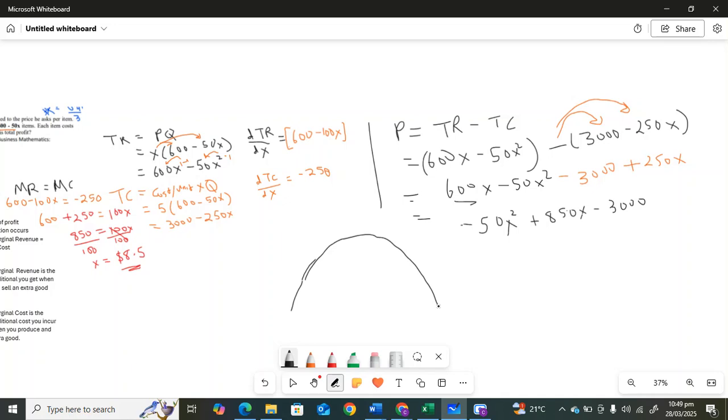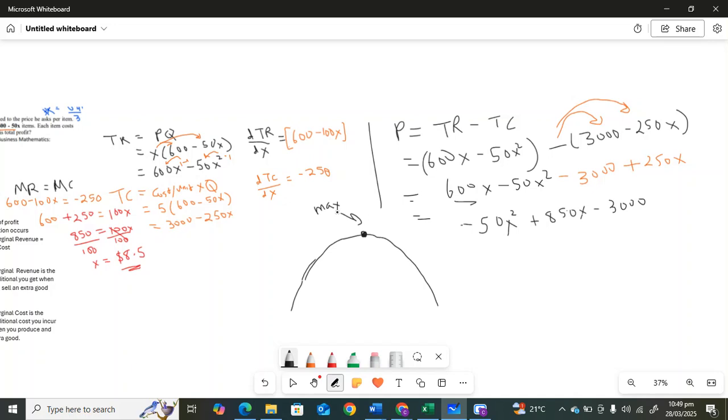I prefer calling it a parabola. With a parabola, you have your maximum point here, and with your maximum point, you can get your x value and your y value.